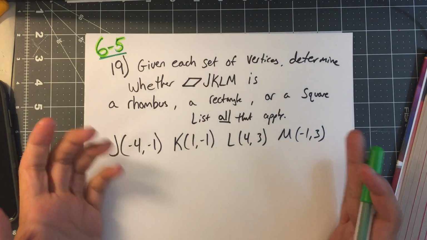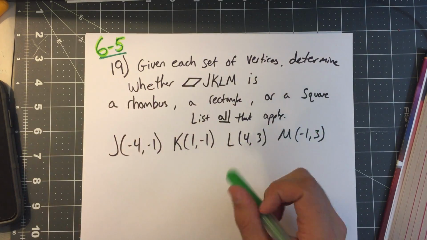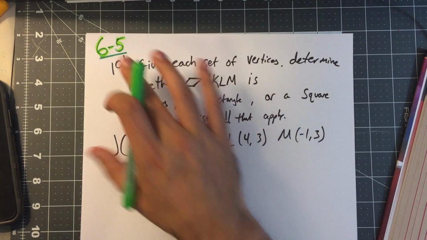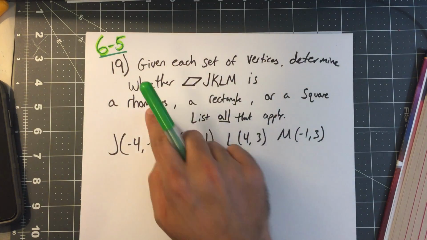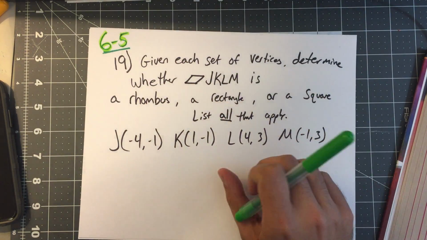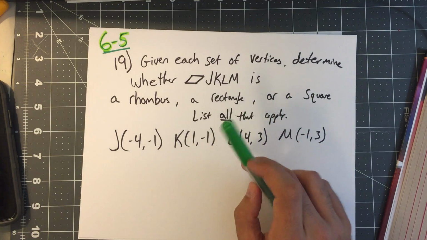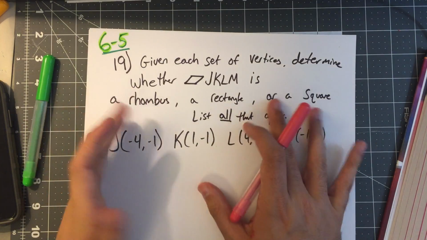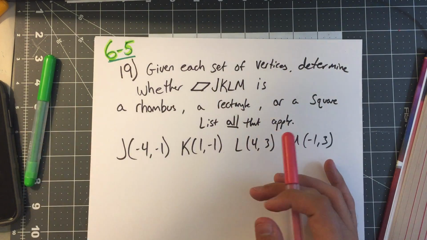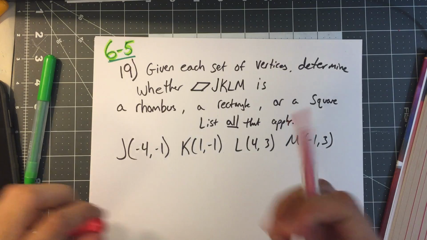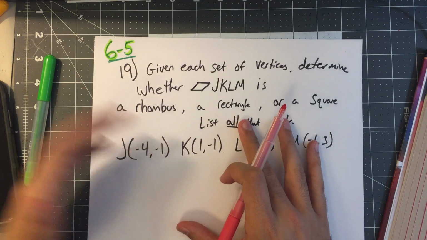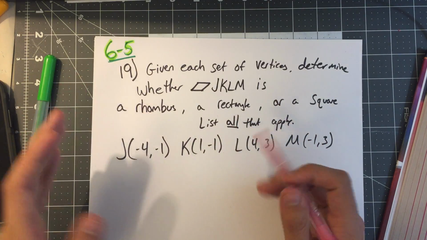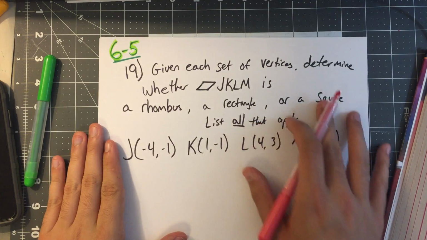So what we're talking about today is what we did right before we left for break. We're talking about 6-5, which deals with rhombi, rectangles, and squares. This question is going to cover a lot of what we did before we left. We're doing homework that will help us remember all the things we did before break. This is a good question.